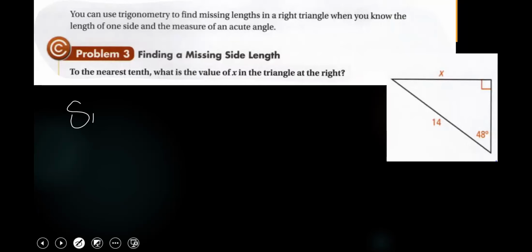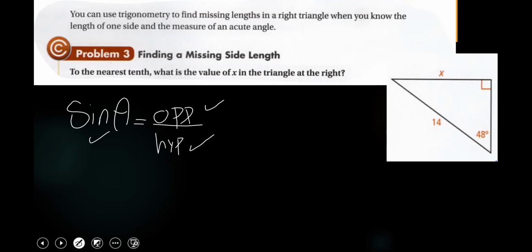If I say sine A equals opposite over hypotenuse, then to find it you need the length of the opposite, the length of the hypotenuse, and the angle.